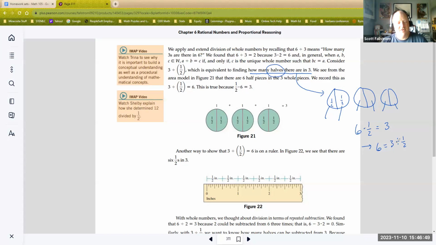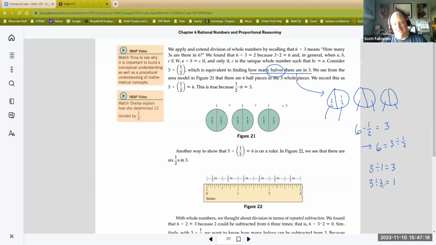Now that might seem a little strange. Typically, division makes things smaller, but division only makes things smaller when you're dividing by a number that's bigger than 1. If you divide by 1 itself, 3 divided by 1, you do not get something that's bigger necessarily. You get the same thing you started with. But if you had 3 divided by 3, then you would say, well, there's only 1 available.